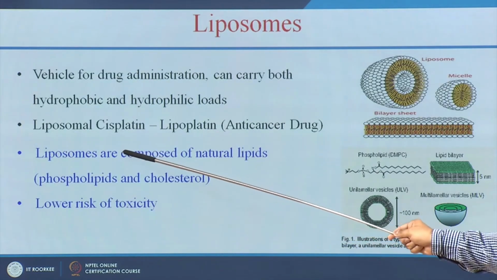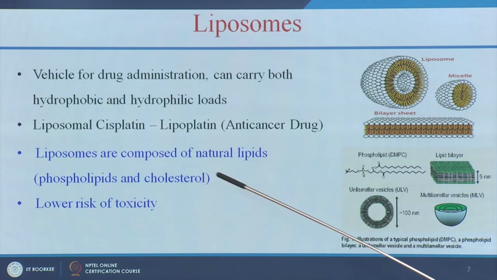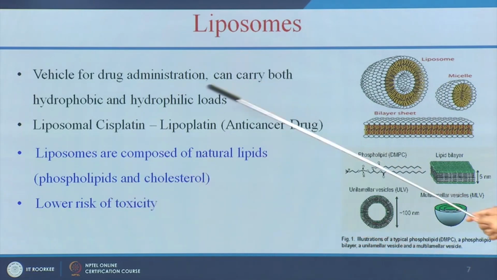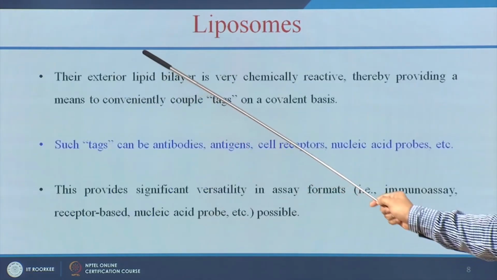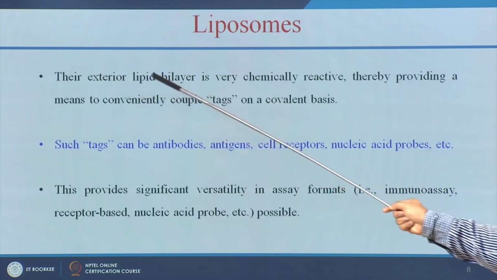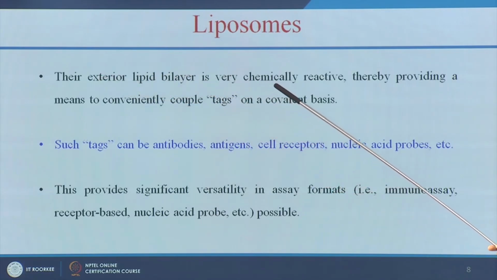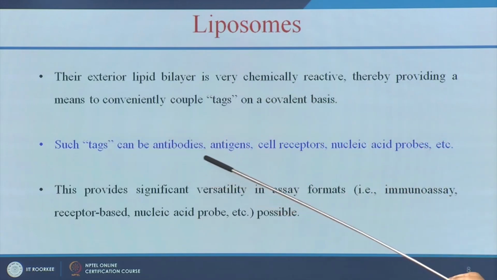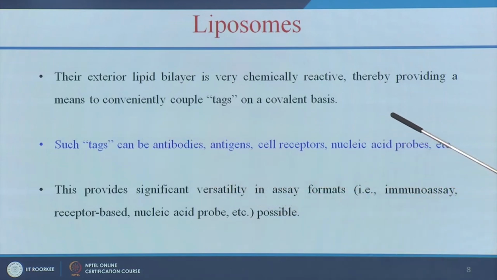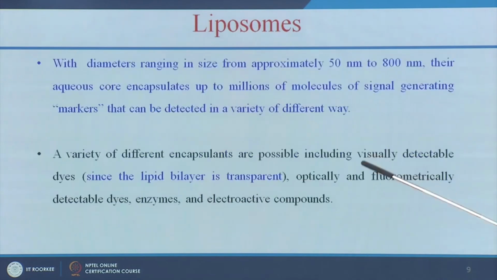Since they are made up of natural lipids, there is a lower risk of toxicity, and they can carry both hydrophobic and hydrophilic drugs. Another important property of the liposome is its exterior lipid bilayer, which is chemically reactive, and using this property we can tag antibodies and target the liposome specifically to cancer cells.